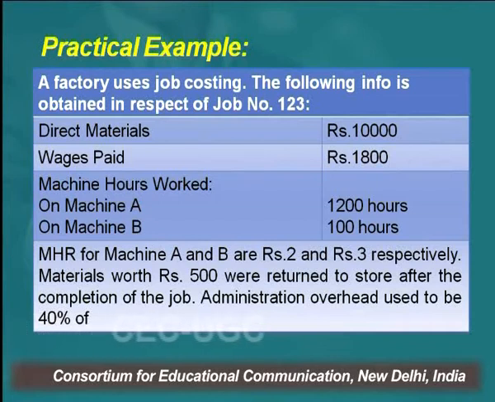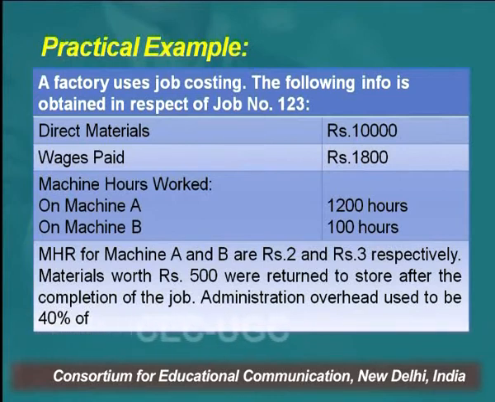Direct material 10,000 rupees, direct wages 1,800 rupees, means these are the direct expenses, right. Machine hours worked on machine A 1,200 hours, right, and on machine B it's 100 hours. So this job has worked on machine A 1,200 hours, and on machine B it has worked only 100 hours.